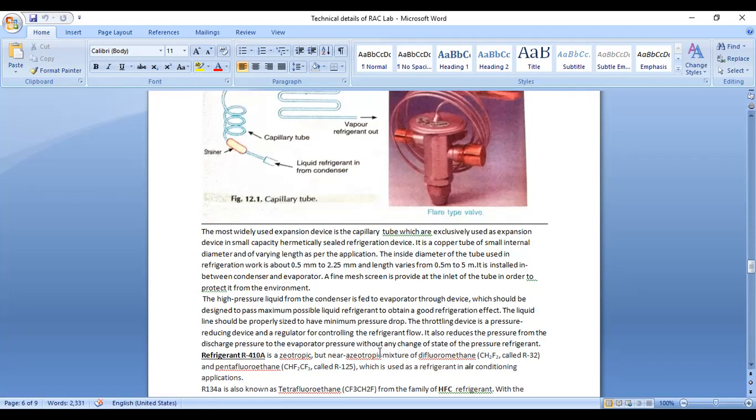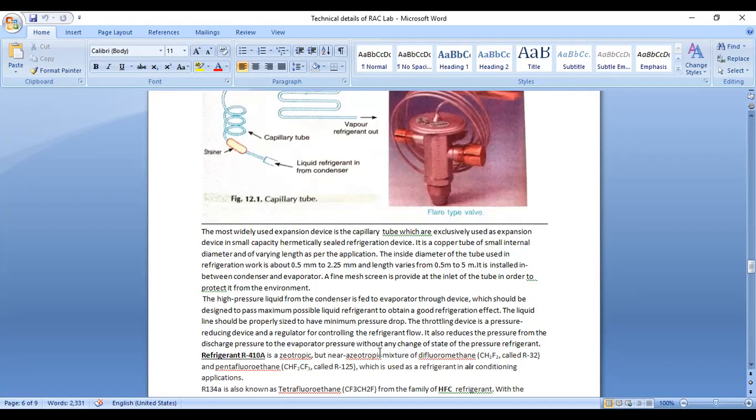Now, the pressure of the liquid refrigerant is high as it comes directly from the compressor, which imposes pressure, and it is fed to the evaporator through this expansion device, which is designed to pass the maximum possible liquid refrigerant to obtain a good refrigerating effect.